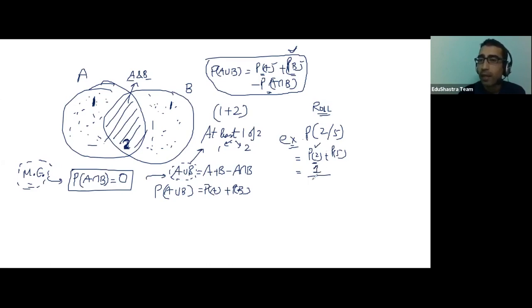Total events would be getting anything from 1 to 6, so 6 total outcomes. Similarly, what is the probability of getting a 5 when you roll a dice? One favorable event, just getting 5 on the top surface, and total events 1 to 6, 6. So 1 by 6 plus 1 by 6, 1 by 3. Very simple.